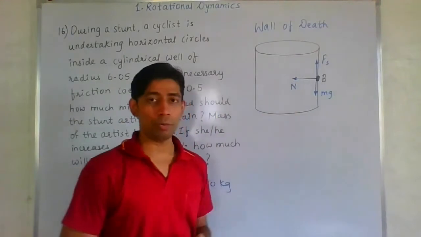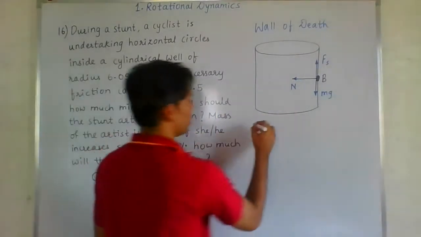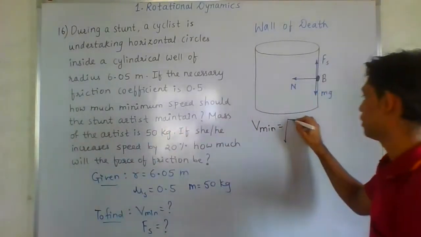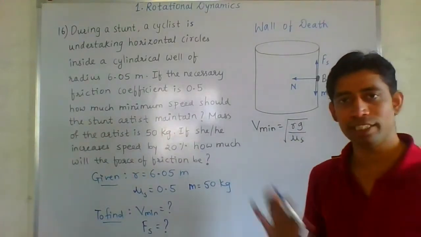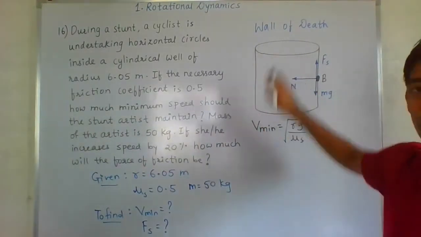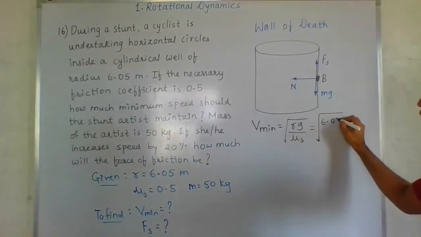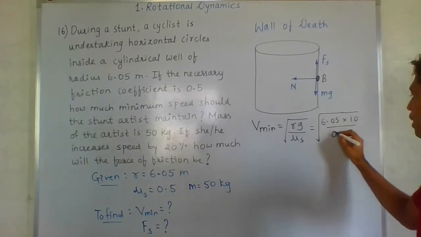Now the formula for V minimum, you can observe in that lecture also, it is directly learned, which is root of Rg upon mu s. फॉर्मूला सब्स्टिट्यूशन है, सिर्फ याद रखो ये फॉर्मूला फॉर वॉल ऑफ डेथ. अब वैल्यू सब्स्टिट्यूट करेंगे, सो 6.05, g का वैल्यू 10 एंड mu s का वैल्यू है 0.5.